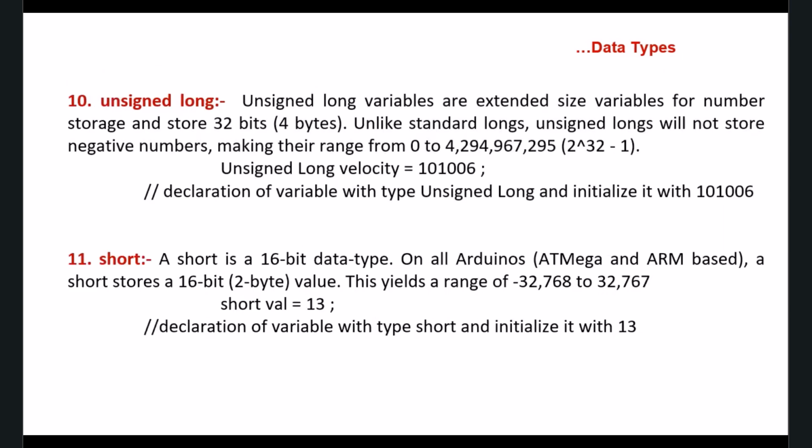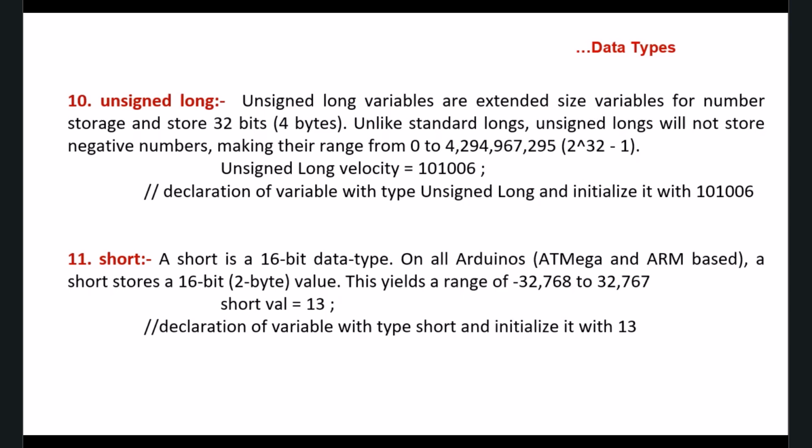Now we'll talk about the unsigned long data type. Unsigned long variables are extended size variables for number storage, and it stores 32 bits, which means 4 bytes of data. Unlike standard longs, unsigned longs will not store negative numbers. That is the limitation of this unsigned long.